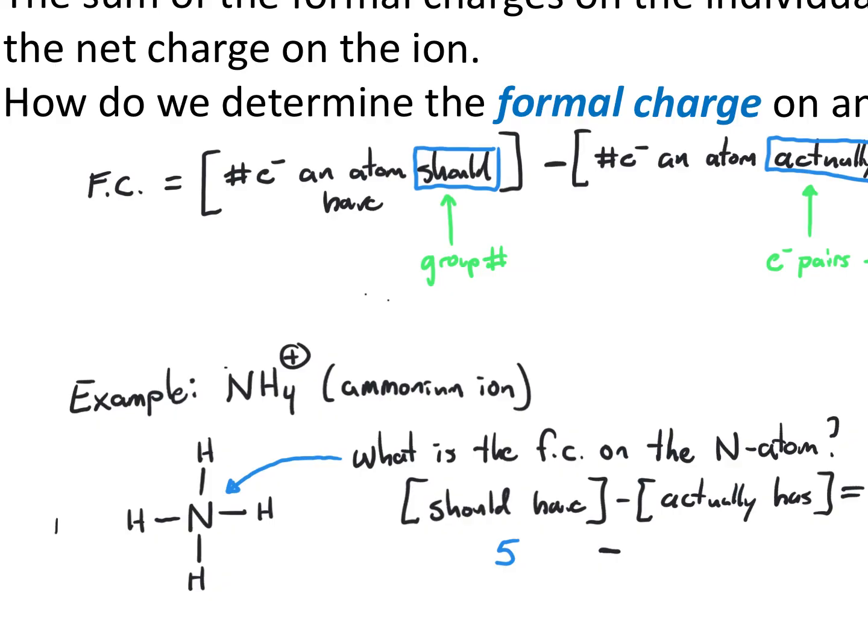When counting for formal charge, we have to assume that only 1 electron from each bond is actually on nitrogen. That makes sense, of course, because a covalent bond shares the 2 electrons with each atom. What this means is that nitrogen really has only 4 electrons, not 8, at least where formal charge is concerned.